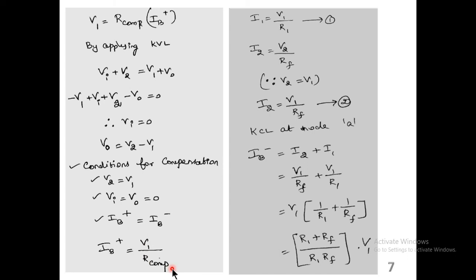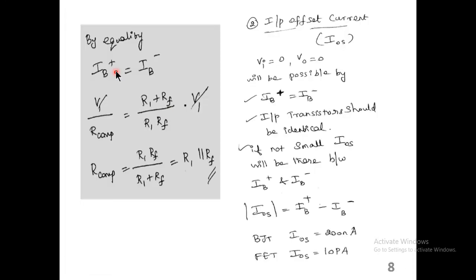By the way, we get I1 and I2 values. After applying KCL at node A, we get IB minus equal to R1 plus RF divided by R1 into RF into V1. By equality, the base currents of the two terminals are equal. So the compensation resistor value is equal to the parallel combination of R1 and RF.